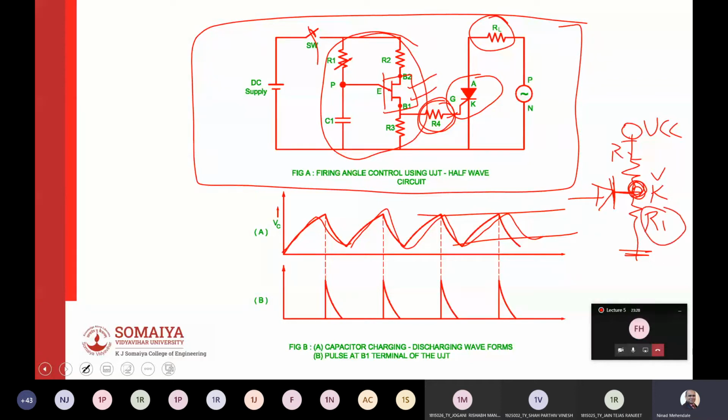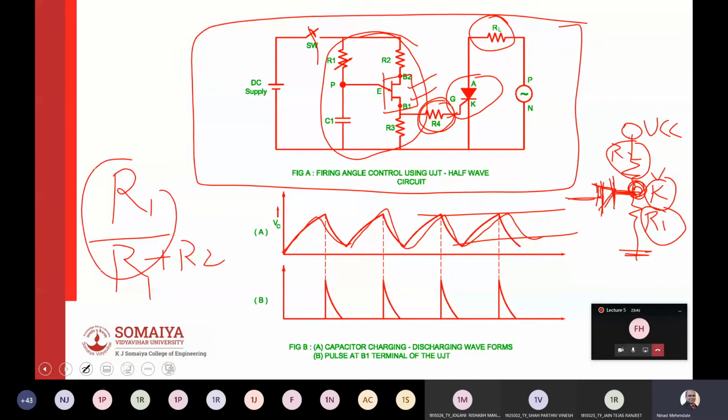So if you control your R1 and R2, you can control Vk, and that will inherently control your diode turning on and turning off voltage. So the intrinsic standoff ratio, which is the internal resistance R1 upon R1 plus R2, is actually controlling the peak point and valley point for the UJT.